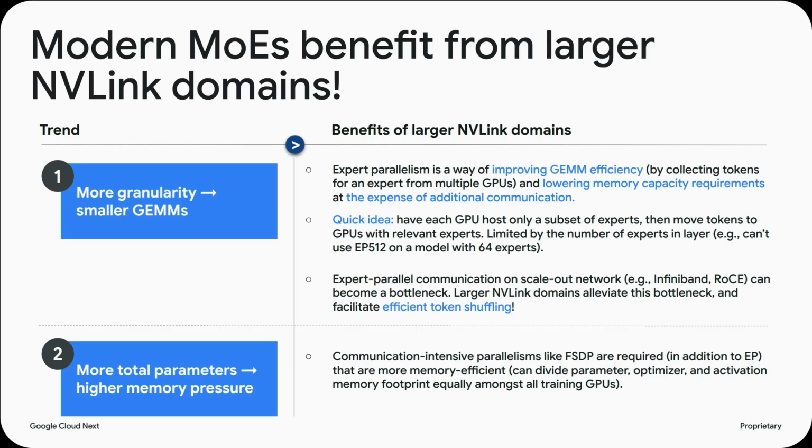And this can become quite challenging. So we're forced to use more communication-intensive parallelism techniques like FSDP that give us the ability to shard all three of those different types of state across all of the GPUs being used for training. FSDP is more communication-intensive, and so larger NVLink domains like NVL72 can really help ameliorate that additional communication overhead.